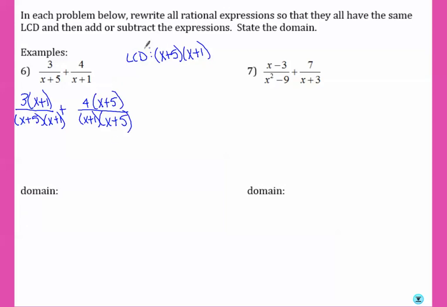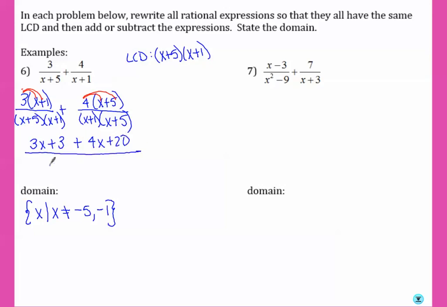Our LCD is what we're going to look at for our domain. So for this one, x cannot equal -5 and -1. Next thing we need to do is distribute in our numerators. So we get 3x plus 3 plus 4x plus 20 all over our LCD.